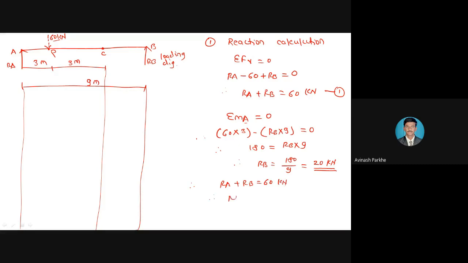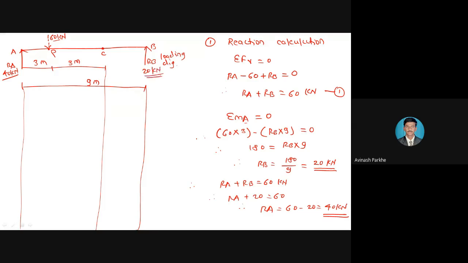Therefore, RA plus 20 is equal to 60. Therefore, RA is equal to 60 minus 20 is equal to 40 kilonewton. So, RA is equal to 40 kilonewton and RB is equal to 20 kilonewton.